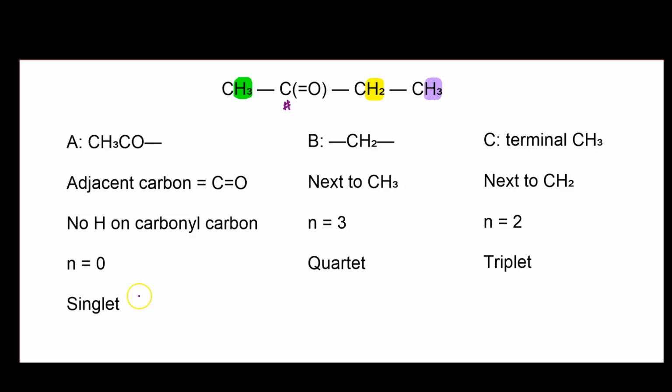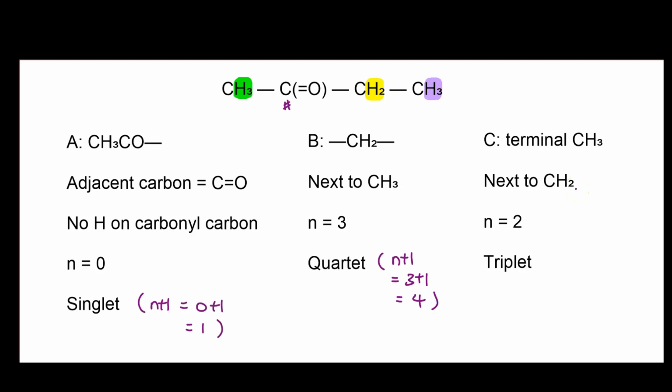Using the n+1 rule, we have 0 plus 1 equals 1, hence a singlet. The CH2 group is next to CH3, so the neighboring hydrogen atoms equal 3. Using the n+1 rule, n+1 equals 3 plus 1 equals 4. Hence, it gives a quartet.